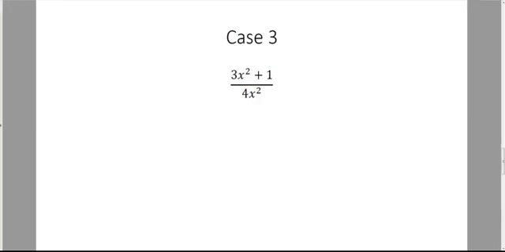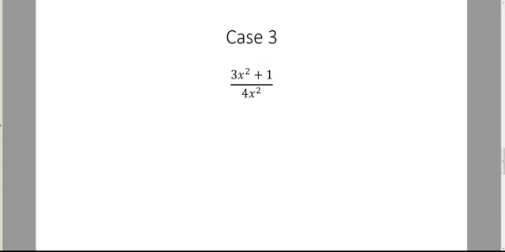The last case we'll look at is when we have the same exponent on top and bottom, so we have x squared over x squared. We can think of it as x gets extremely large. Say 1,000,000 squared. Well, clearly adding 1 is not going to affect it anymore.